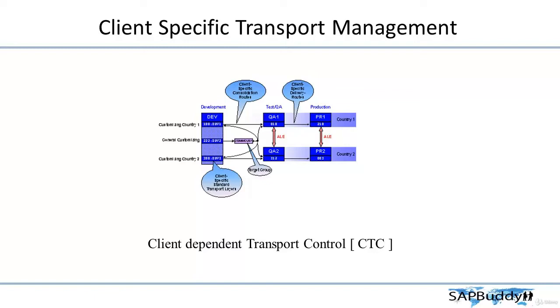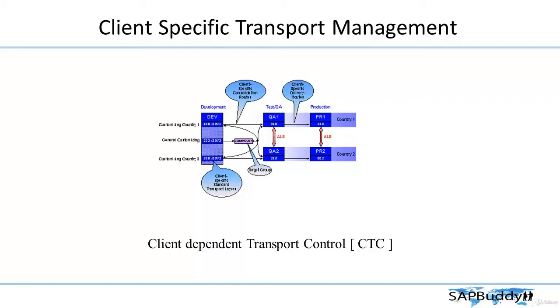In order to overcome the situation, SAP has a concept called CTC, that is client dependent transport control. This is basically called extended transport control.